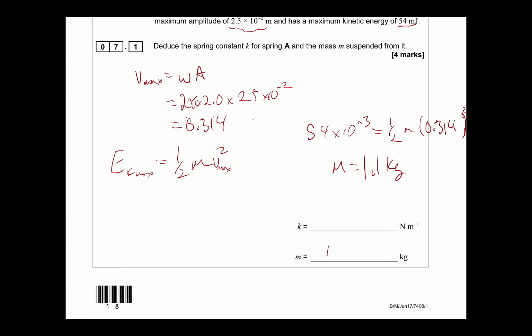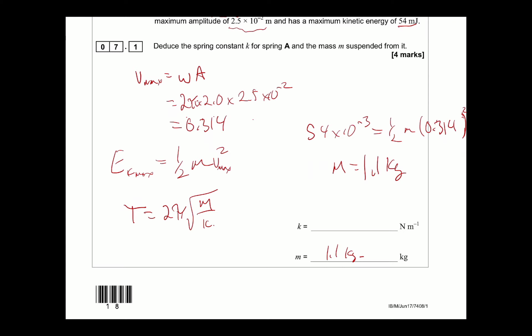Okay, so mass is 1.1 kilograms. For K, the mass spring system, you've got period is 2 pi square root of m over K.